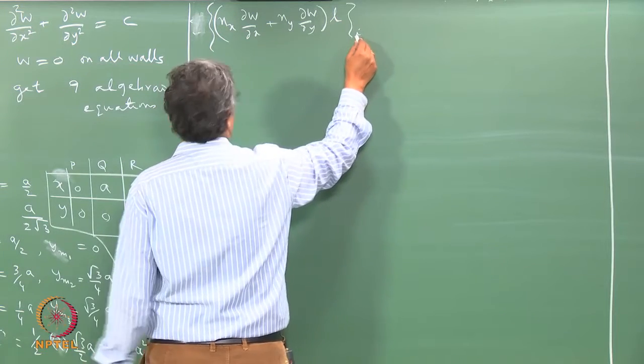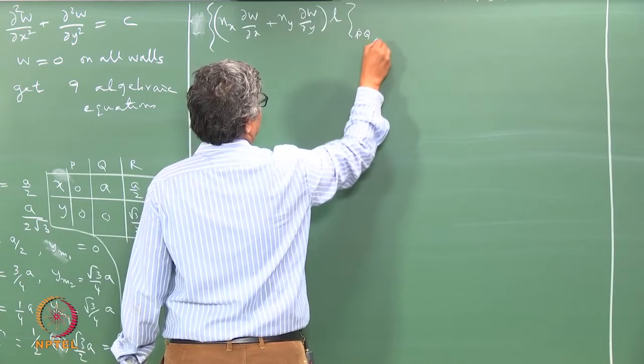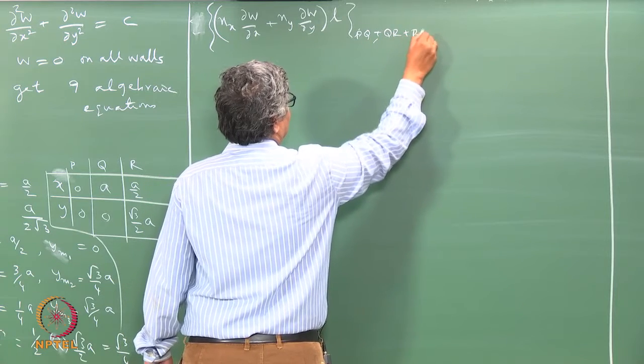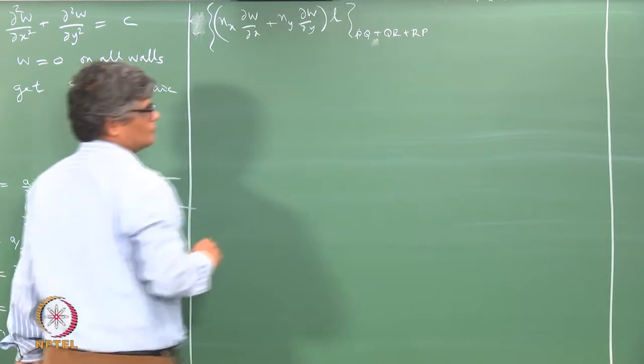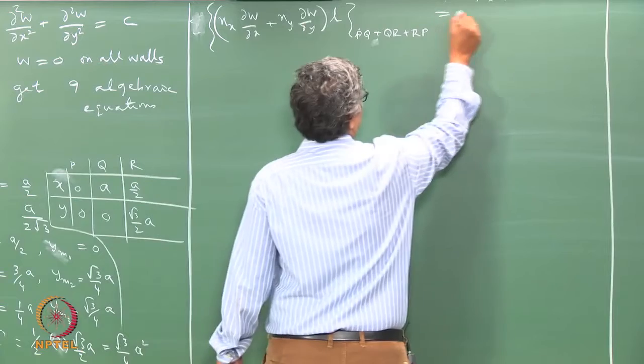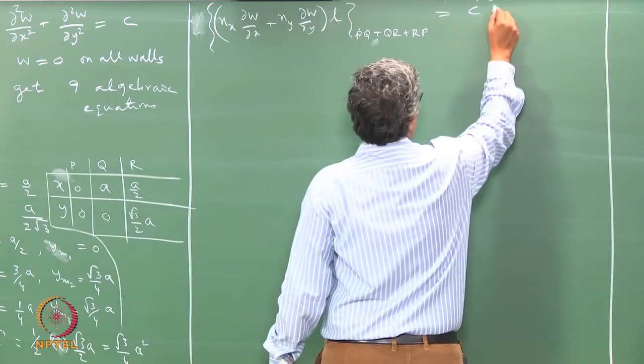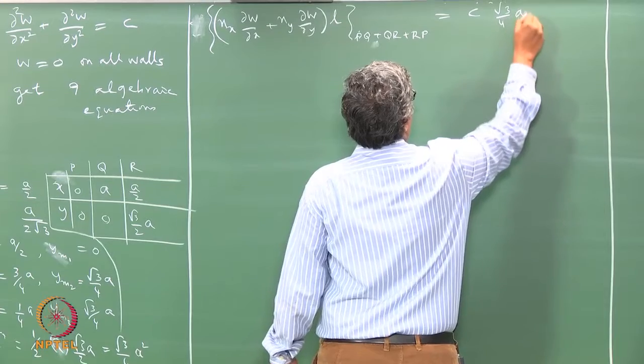So, we can write this as over PQ plus QR plus RP, equal to the constant C times the area, which is square root of 3 by 4 A square.